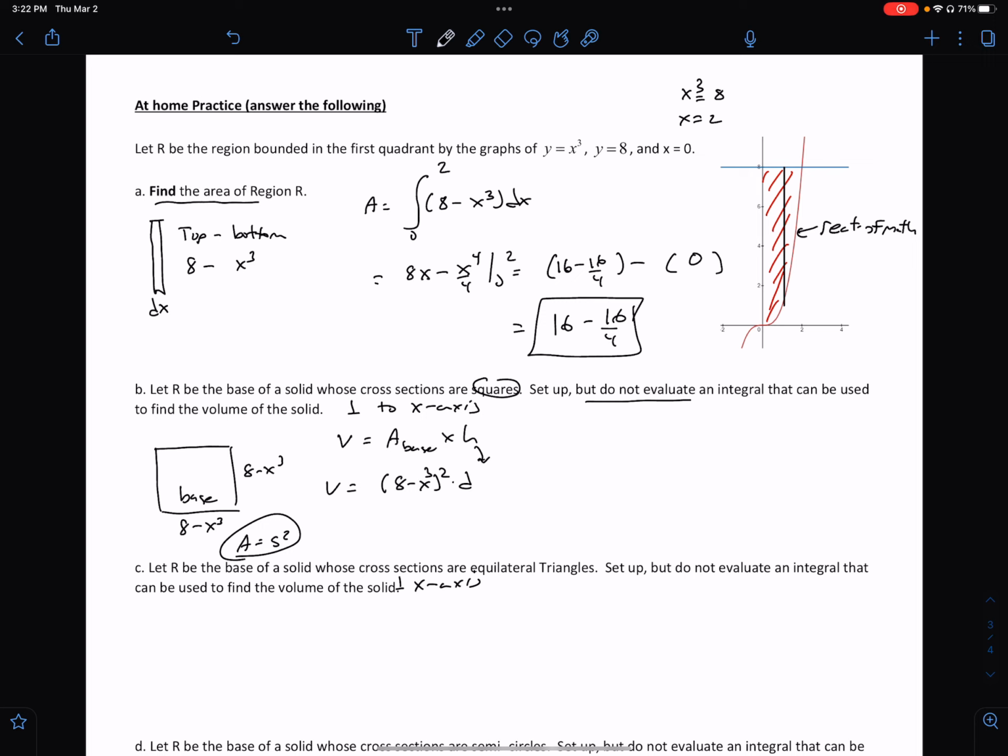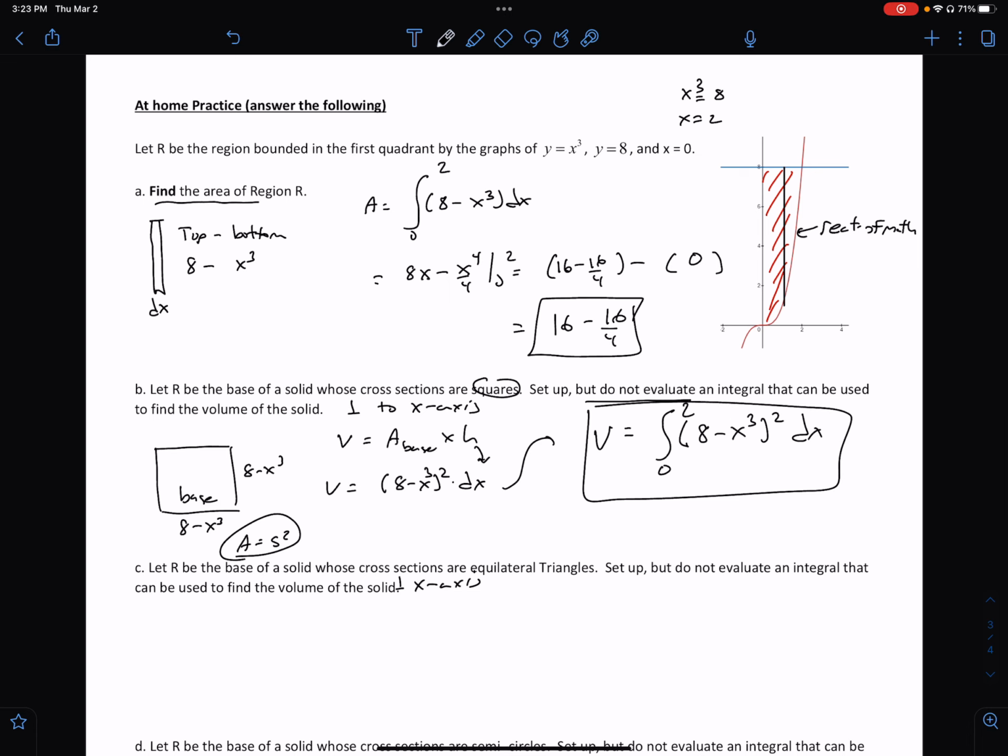That's right. In this case, dx. So I'm going to make this look a little bit prettier. To get the volume, it's going to be this 8 minus x cubed squared dx. But remember, that's only for one tiny, infinitely tiny little square right there. We have infinitely many of them. So we would now evaluate that as an integral from 0 to 2. And that's all we do.